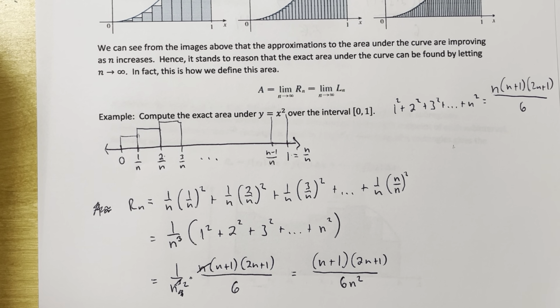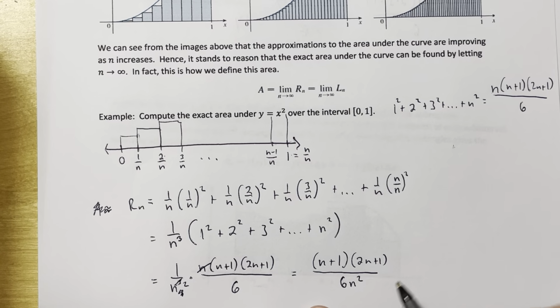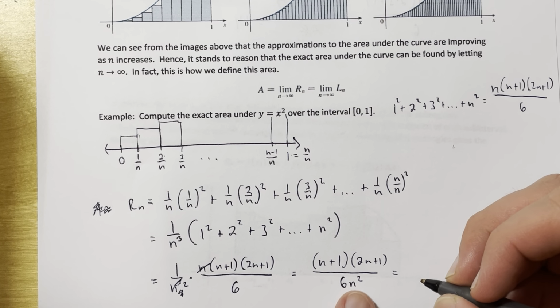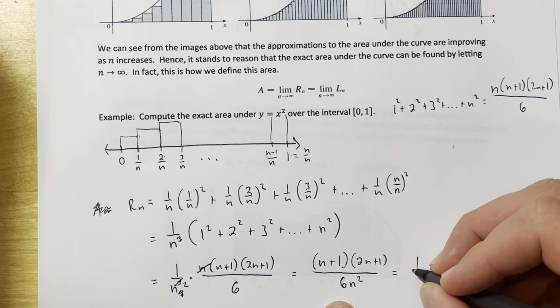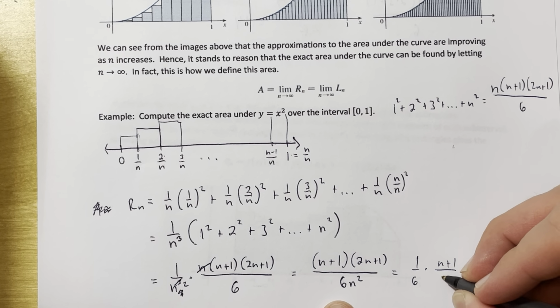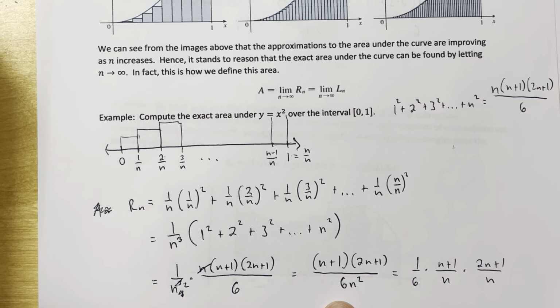Now, for the purpose of what I'm going to do in a little bit, I'm going to write this guy slightly differently. I can pull a 1/6 out of this, and I can write this as n plus 1 over n times 2n plus 1 over n.